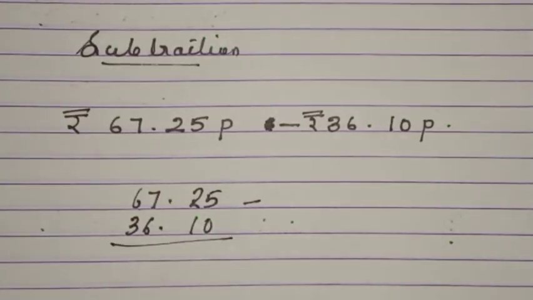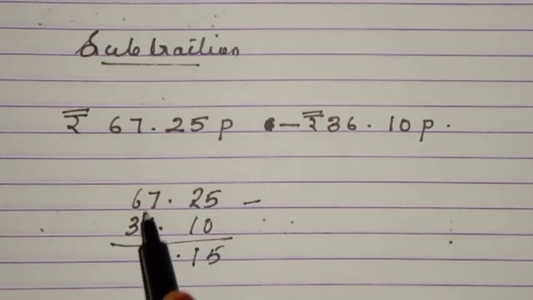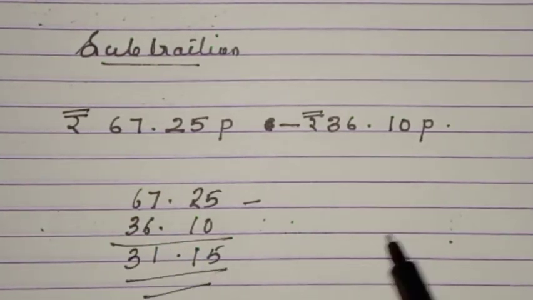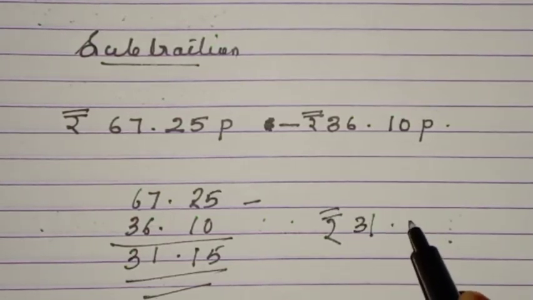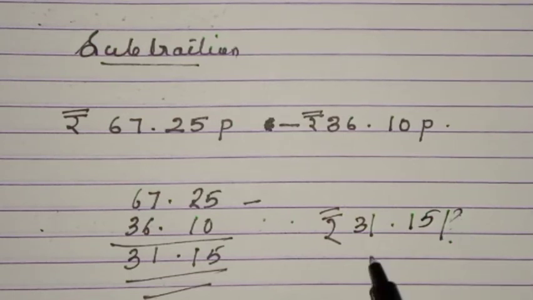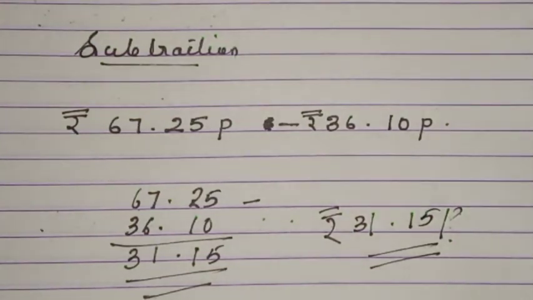Then you can subtract: 5 minus 0, 5, 2 minus 1, 1, 7 minus 6, 1, 6 minus 3, 3. So what is the answer? Rupees 31 and 15 paise. This way you can subtract the numbers.